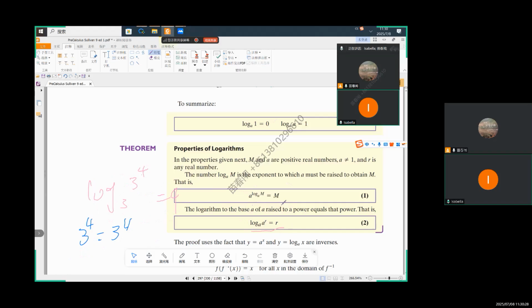So let's do log base 3 of 3 to the 4 equals 4, and then 3 to the log base 3 of 4 equals 4. Yeah, very nice. If we have these two, we can simplify some of the calculations.